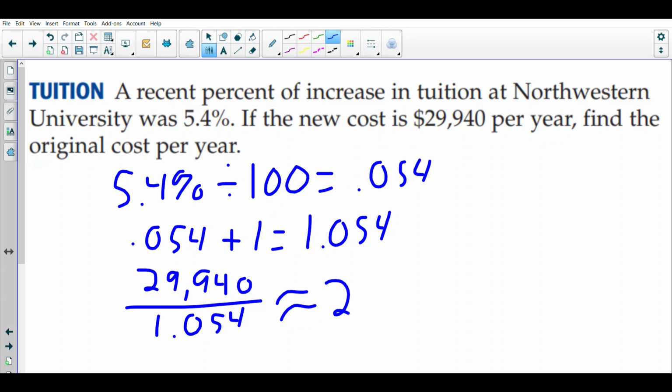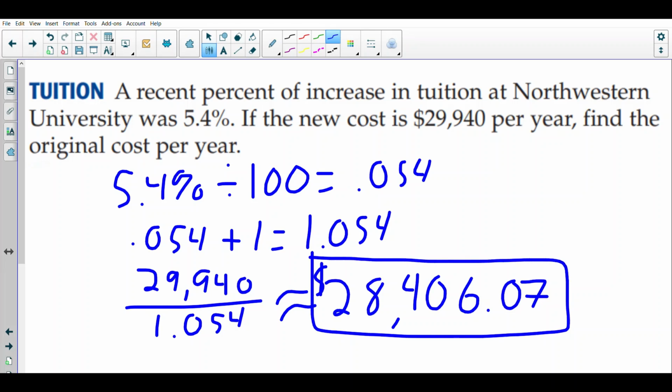We get $28,406.07. So it looks like it went up about $1,500, just comparing the new cost and the original.